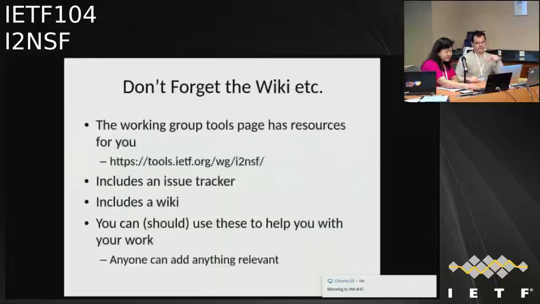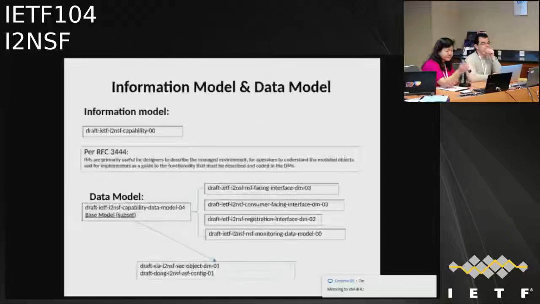Okay. Frank Xia, I'm one of the co-authors of the capability information model and the data model. I just want to clarify the recent situation of this draft. For the capability information model, we did not bring a new updated version for this meeting. That's because we think the current information model is relatively mature and stable right now, and it is a basis model for a lot of data models.